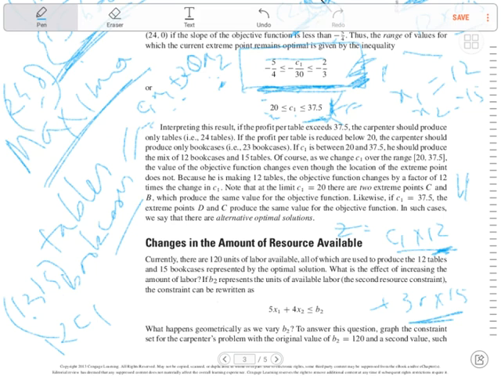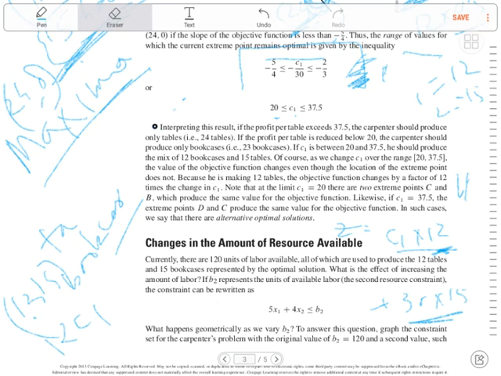Now if the profit per table is below 20, that means if he is going beyond this region, then in that case the optimal solution will be given by 0,23. Within the range it is going to vary, as I said. On this side we said what is going to happen, and on this side also we said.